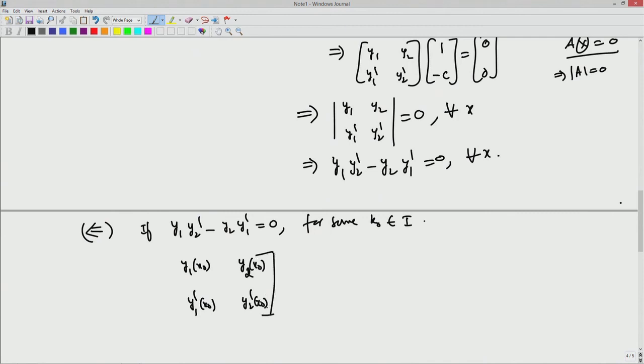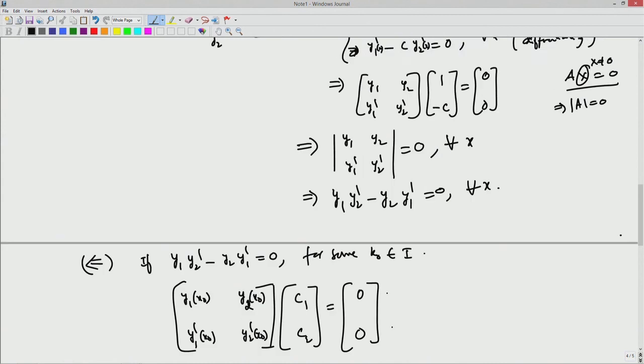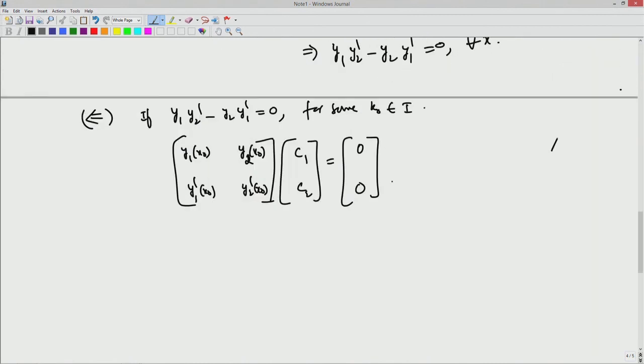This matrix multiplied by some constants c1 and c2, which you don't know. So you consider Ax equal to 0, where A is given with these values, y1 and y2 and their derivatives at the point x naught, for which this quantity is 0.